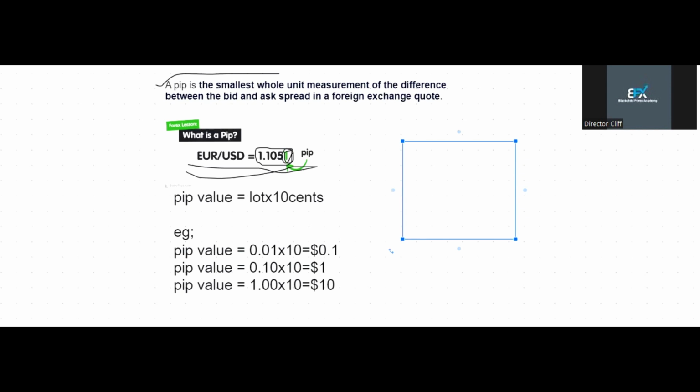So let's say it has moved to, let's say, 62. The difference between this, that the market has moved 10 pips.